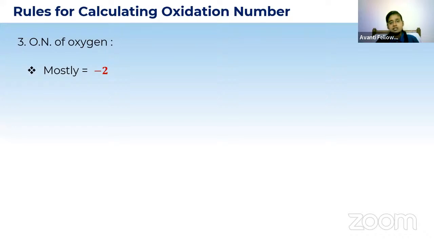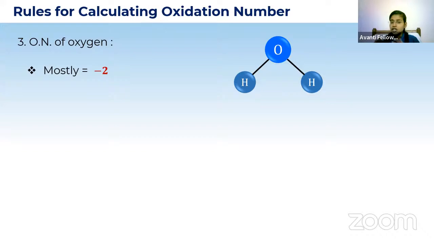For example, in H2O we have 2 OH bonds. How does a charge get developed? Due to the electronegativity difference between the 2 bonded atoms. That's what we discussed in yesterday's class. We have 2 bonds, both OH bonds.